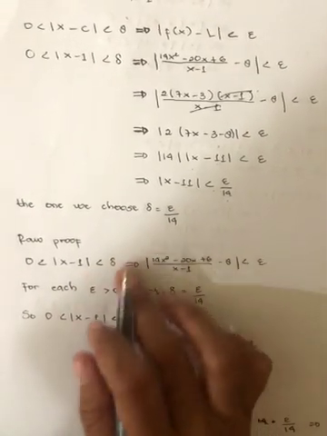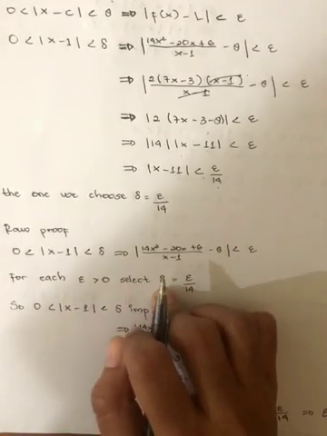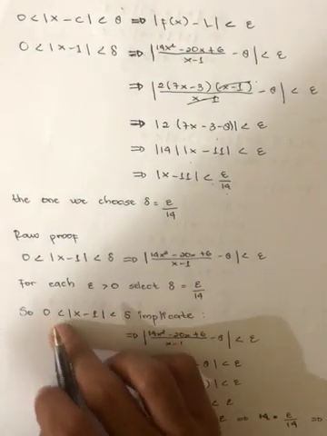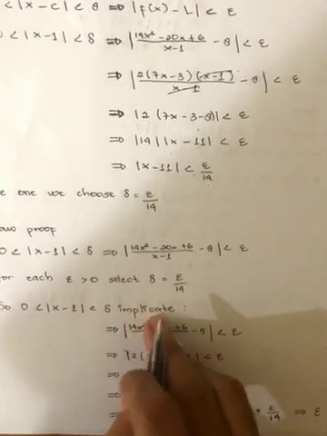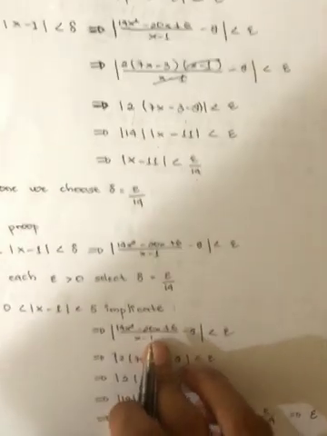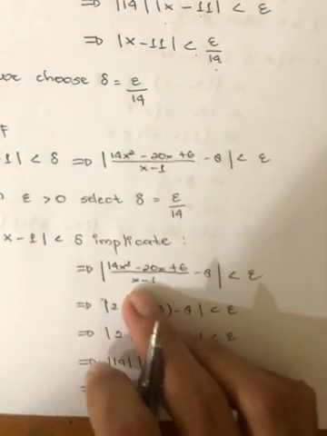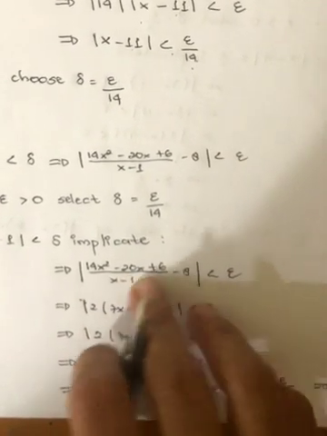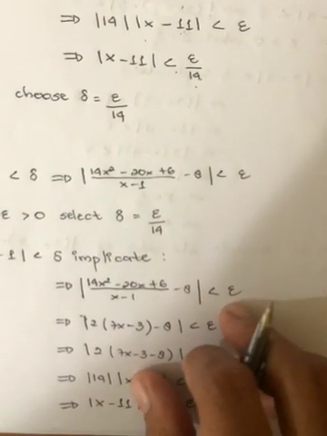For each epsilon greater than 0, we already selected the value of delta as epsilon per 14. So 0 less than absolute x minus 1 less than delta implies that the absolute value of (14x squared minus 20x plus 6) per (x minus 1) minus 8 is less than epsilon.